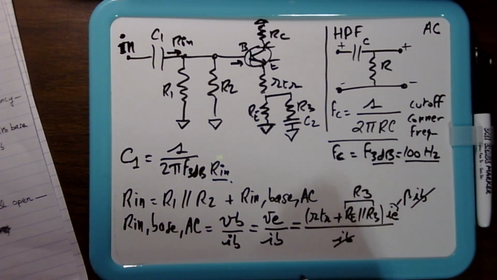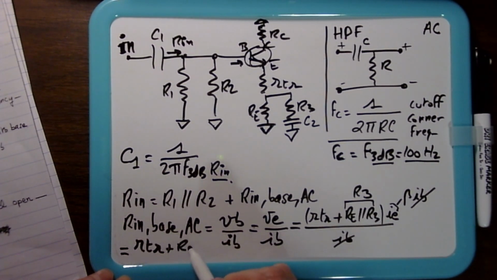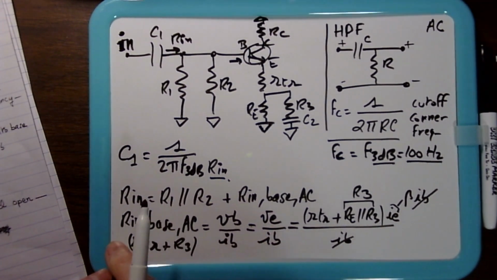So R in base AC is equal to beta times RTR plus R3. I should have put it here.